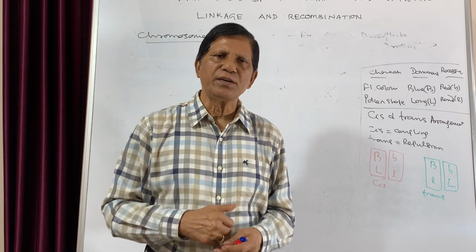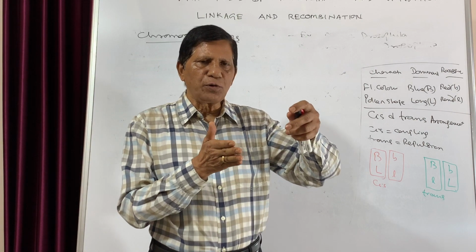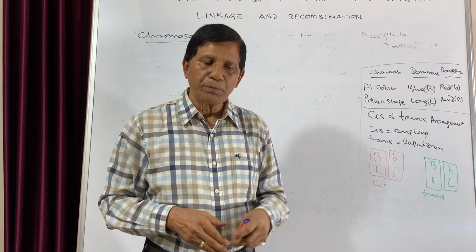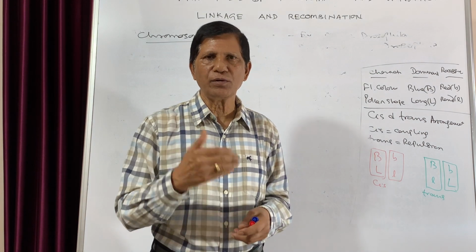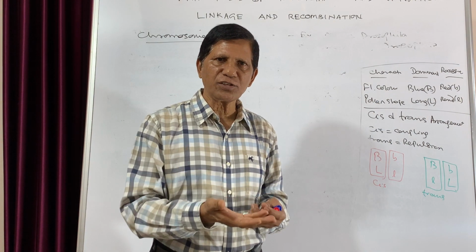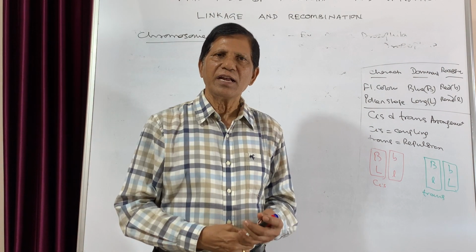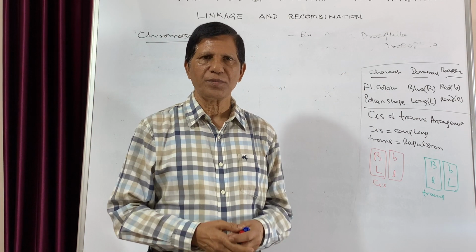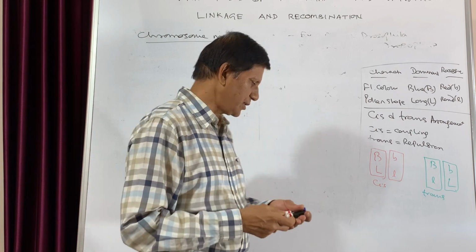So how is it usually calculated? Suppose the length between two genes may be great, but between these two genes, how many crossing overs will take place? It is not always equal. There may not be crossing over. There may be one crossing over in one organism, and in another organism there may be 2, 3, 4, 5 like this. That is why this is studied in a population and the frequency of recombinants is taken into consideration.